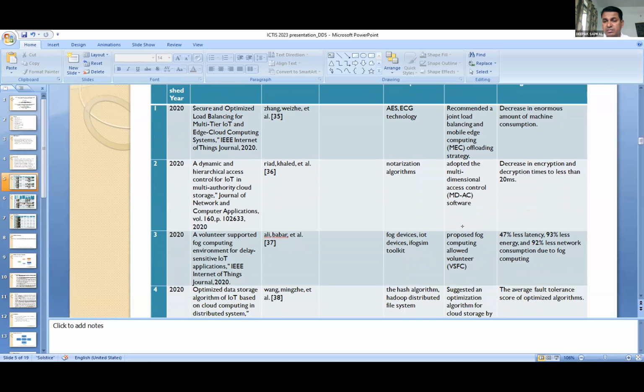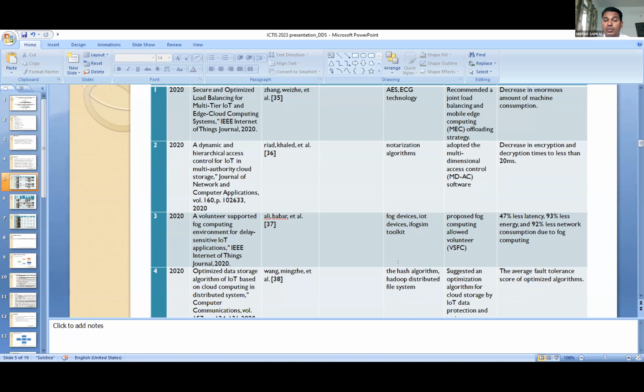The third one is the proposed volunteer-supported fog computing environment for delay-sensitive applications. The good advantage here is that the virtual machines and other computing resources are available at the edge, so requests from a number of IoT devices can be handled effectively. But there are other aspects to consider, not just load balancing.